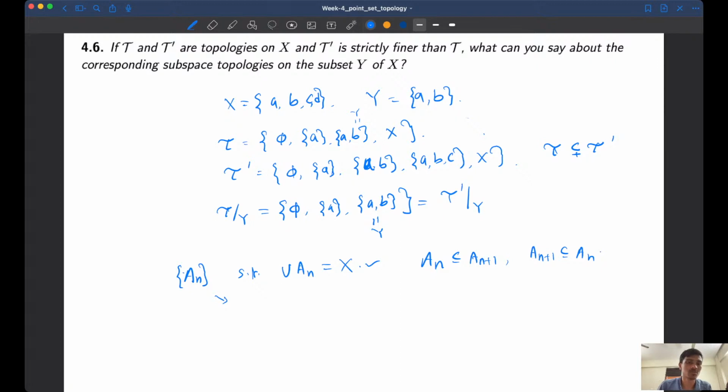These basic open sets or subbasic open sets are the only open sets. So you can't get anything smaller than that to generate this topology. This is the smallest collection that can generate this topology.